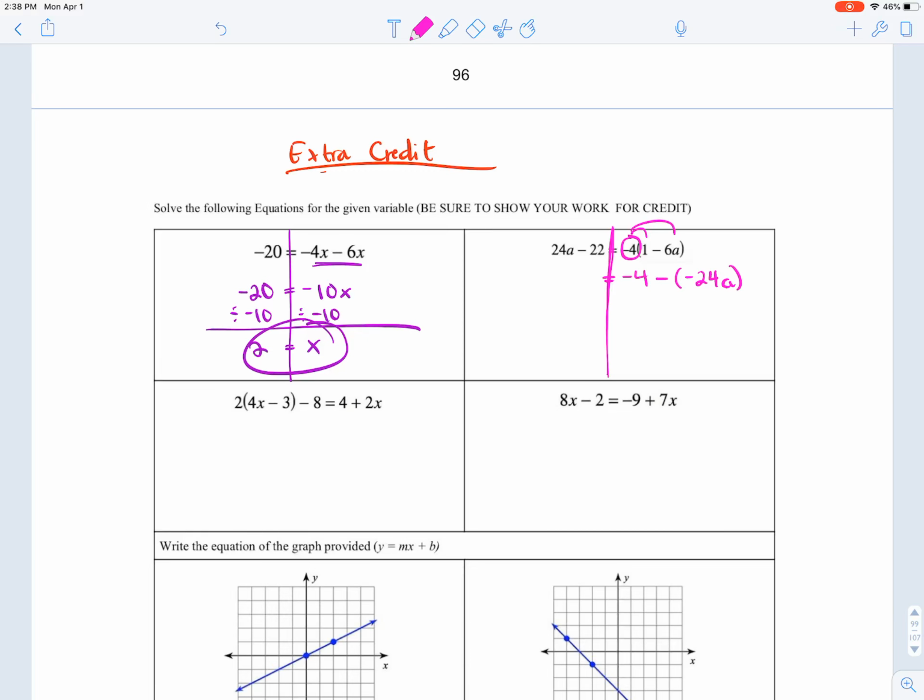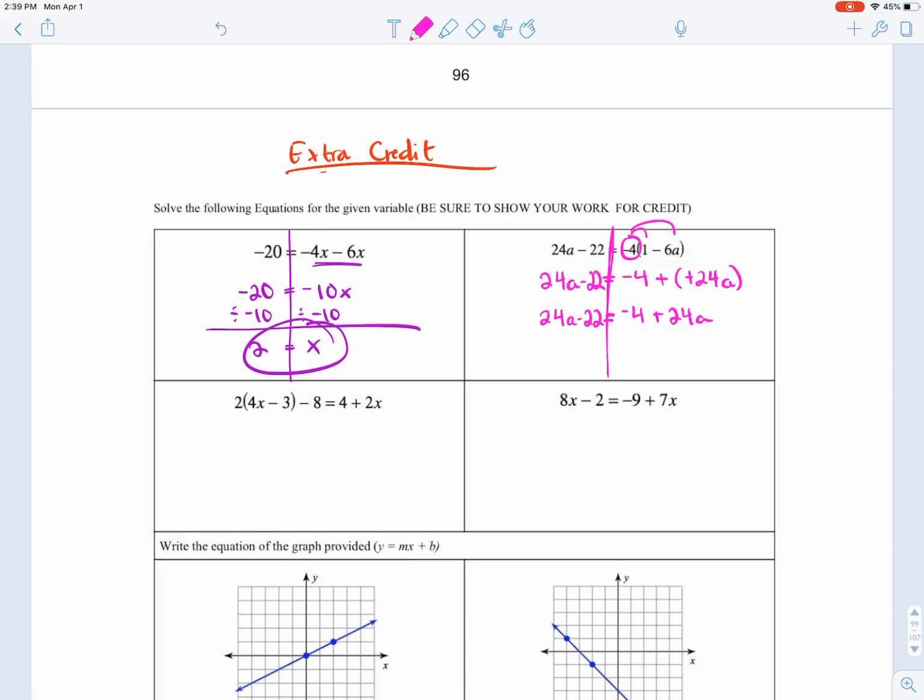So now I have this minus a negative business, okay? 24a minus 22. So we did nothing there. All right, so I can actually change this minus a negative to plus a positive because they mean exactly the same thing. So now I have 24a minus 22 is equal to negative 4 plus 24a.